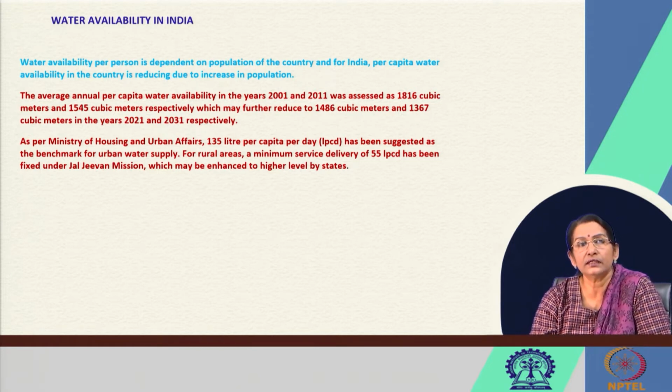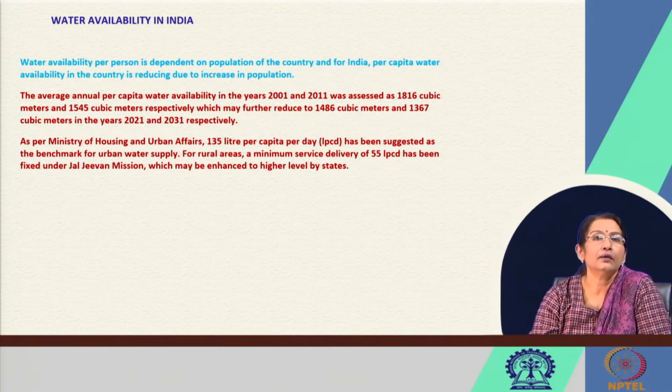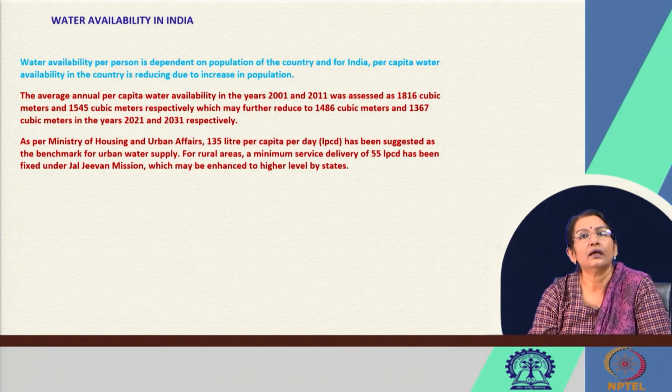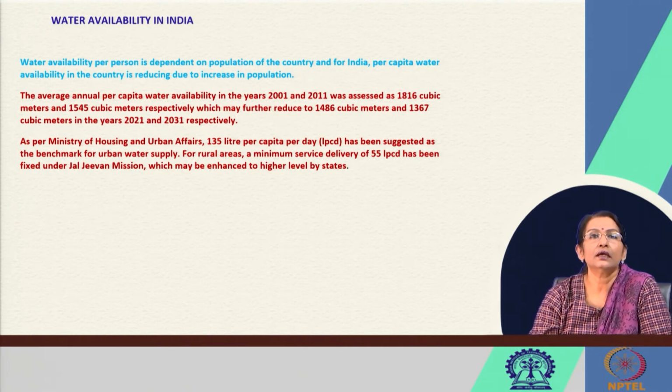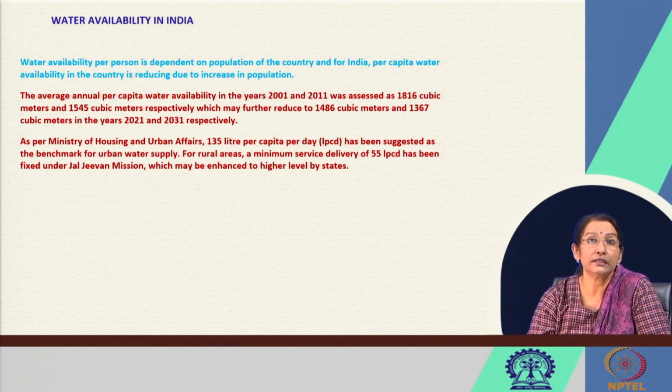So, as we can see, the data says that the average annual per capita water availability during 2001 and 2011 was 1816 cubic meters and 1545 cubic meters respectively, which further decreased to 1486 cubic meters and 1367 cubic meters in 2021 and 2031 respectively. So, it is gradually decreasing.